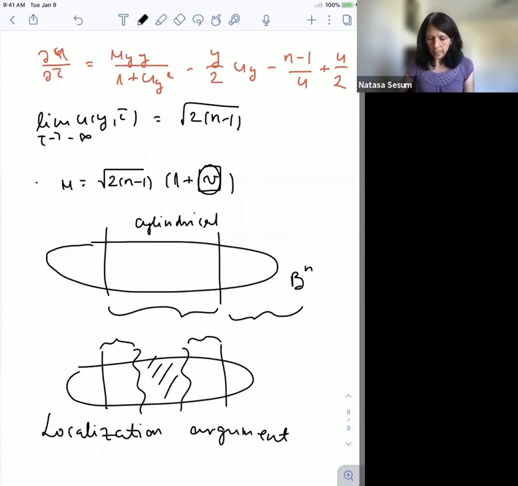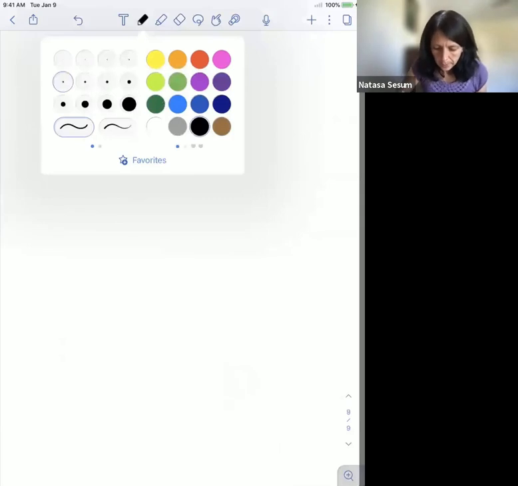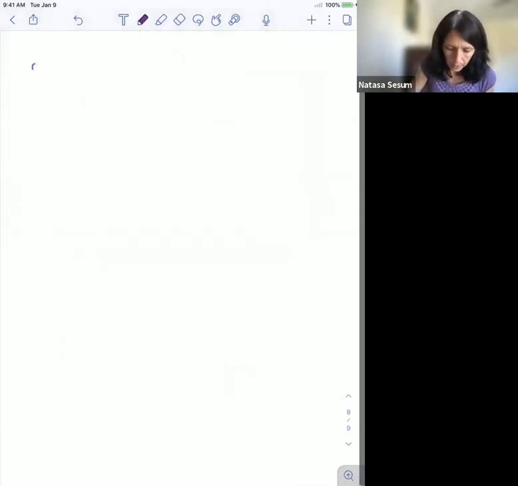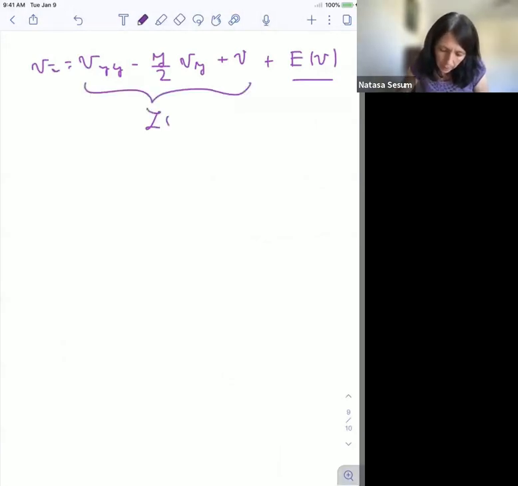And then this v, you can compute, satisfies a very nice evolution equation. So it is v_tau equals v_yy minus y over 2 v_y plus v, plus an error, which you can compute explicitly. And this is a quadratic term that depends quadratically on v, the first derivative of v and the second derivative of v. And this is a very nice linear operator, L of v, which you obtain if you linearize.